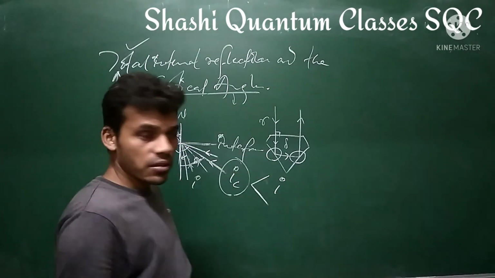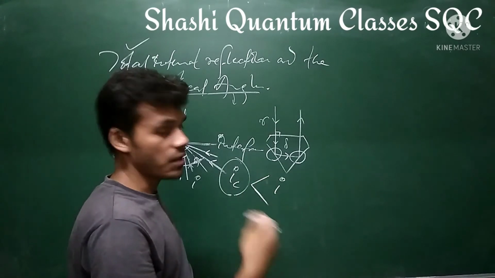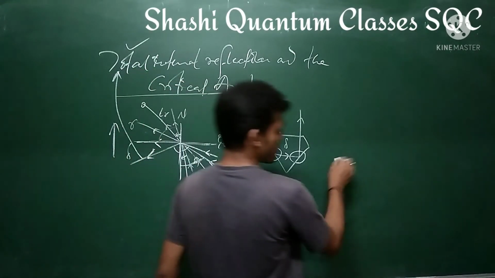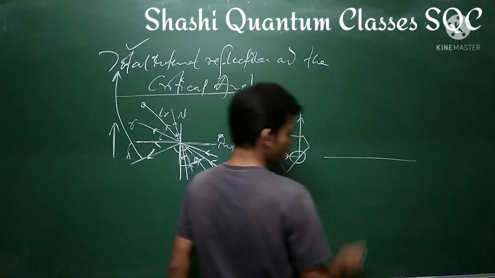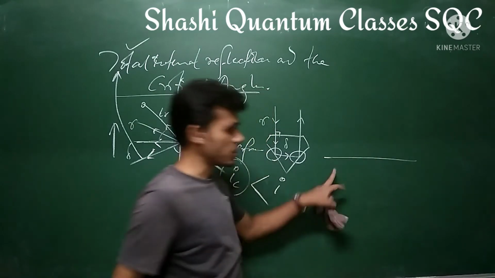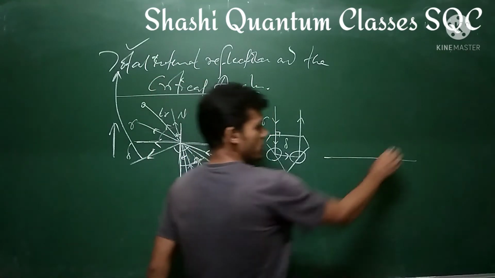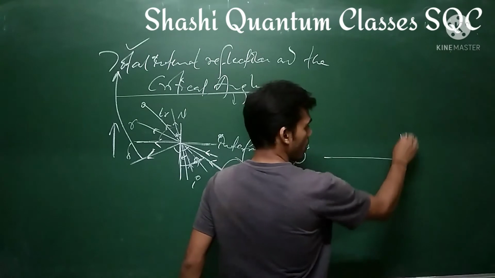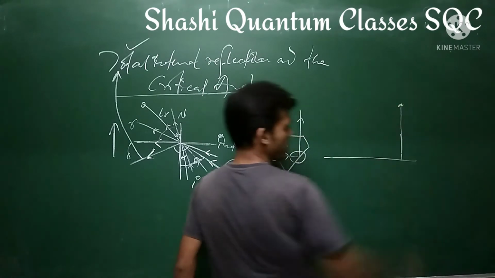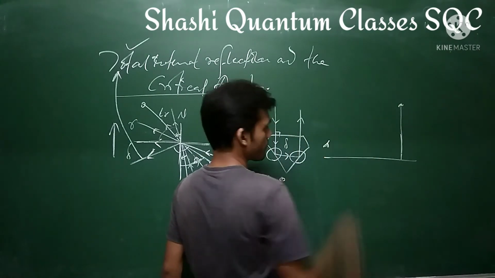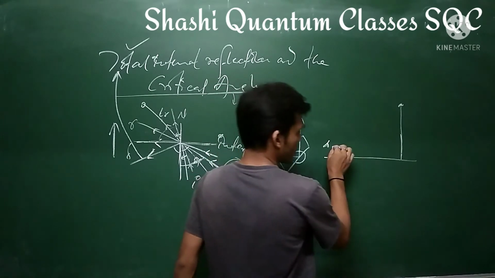In case of the formation of mirage के केस में भी यही होता है. Suppose this is the desert in which a tree is standing here, the observer is here. What happens?